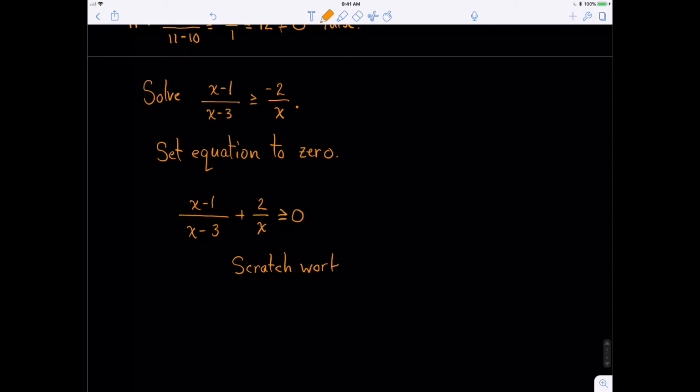We're going to need to add these two fractions. So look, if you go through the process, you'll find the lowest common denominator is x times (x minus 3).